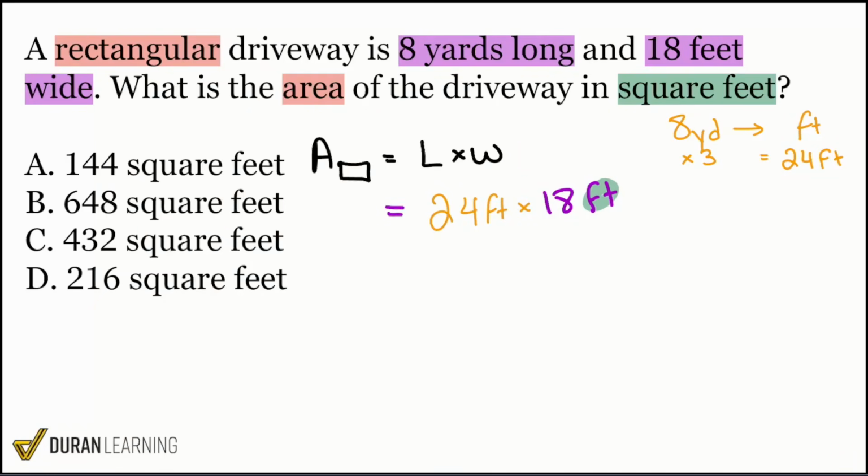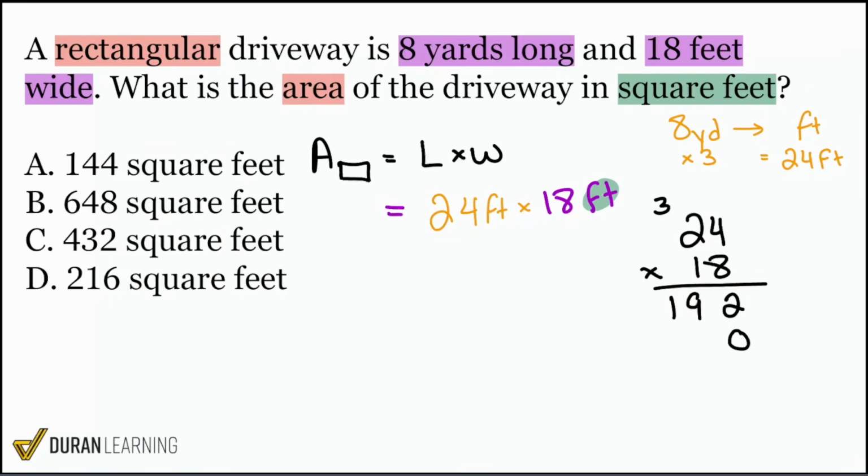24 multiplied by 18 is going to give us the answer, because we have feet here, feet there, so it'll give us feet squared. 24 times 18, here we go. 4 times 8 gives us 32, carry the 3. Then 2 times 8, 16, carry the 3, is 19.